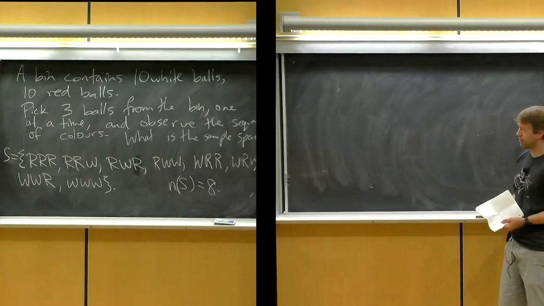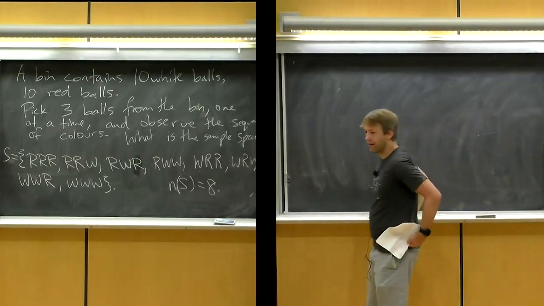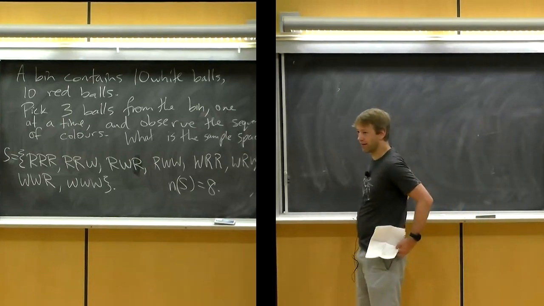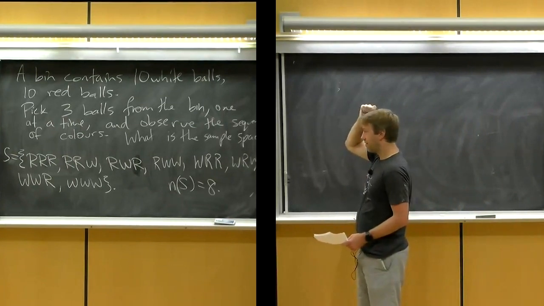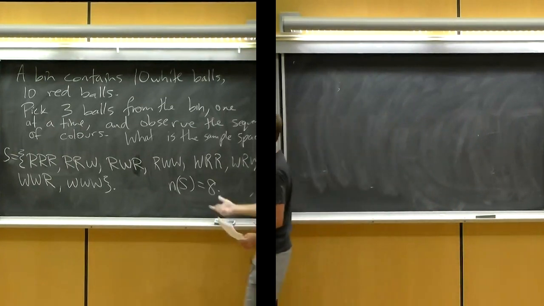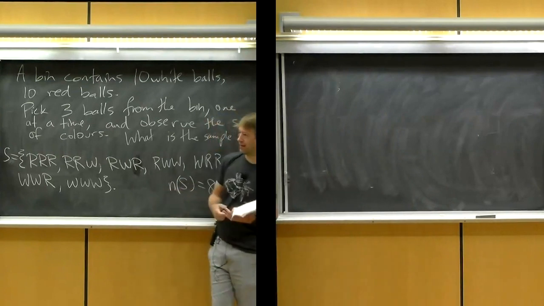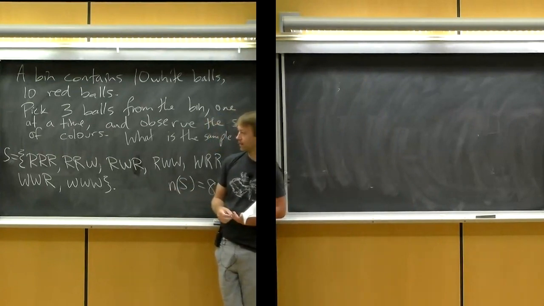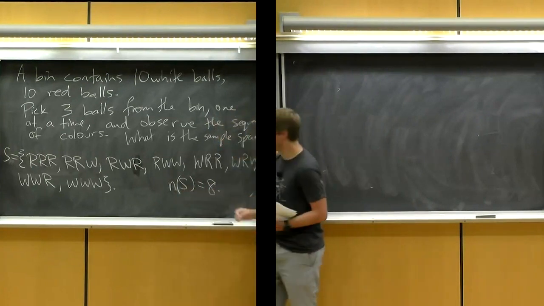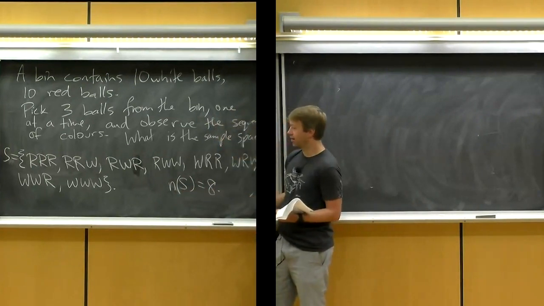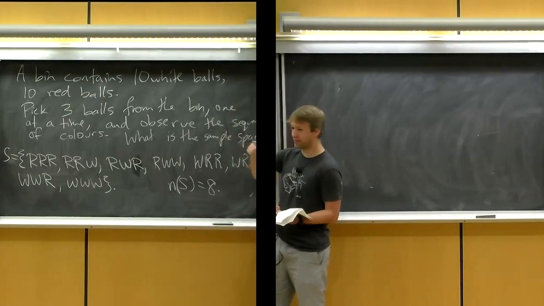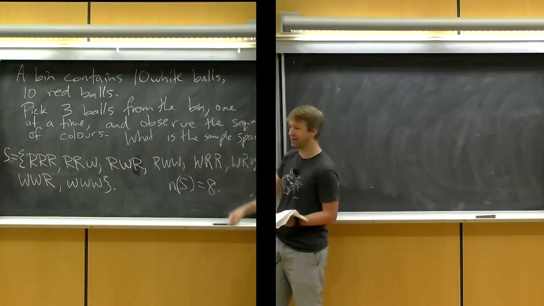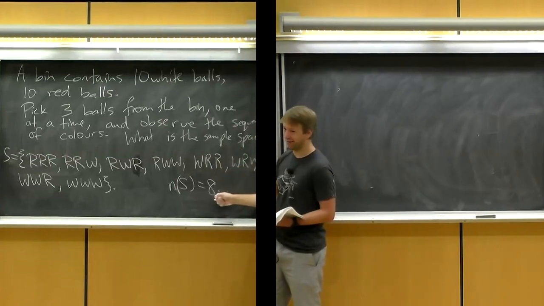In this case, if you were asked just for the number rather than writing them out, you can figure out how many there are because there's 2 possibilities for the first choice, 2 for the second, 2 for the third. So it should be 2 times 2 times 2, which is 8.